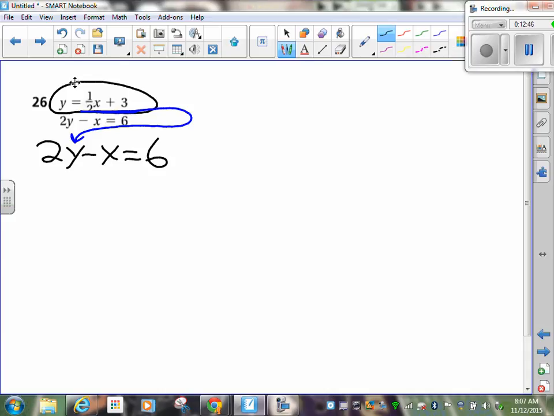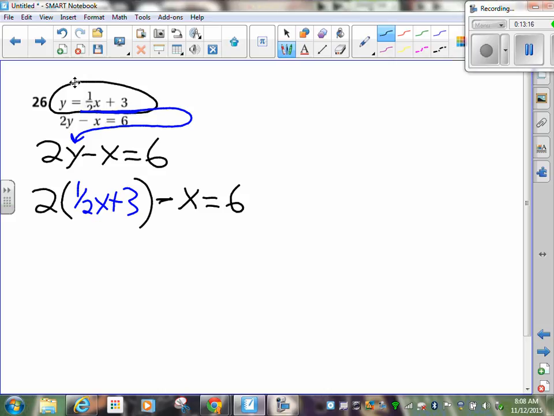So when I do that, I'm going to rewrite this. 2, parentheses. What am I going to do with the blue marker? Blue pen. I've got to insert 1/2 x plus 3. The parentheses. What do I write next? I got the 2. I got the y minus x equals 6.